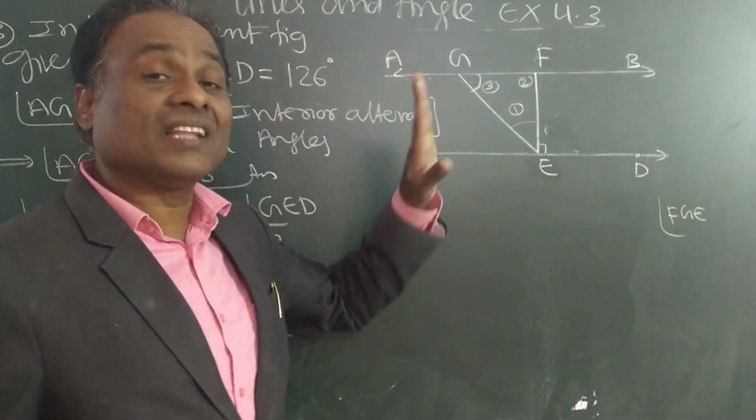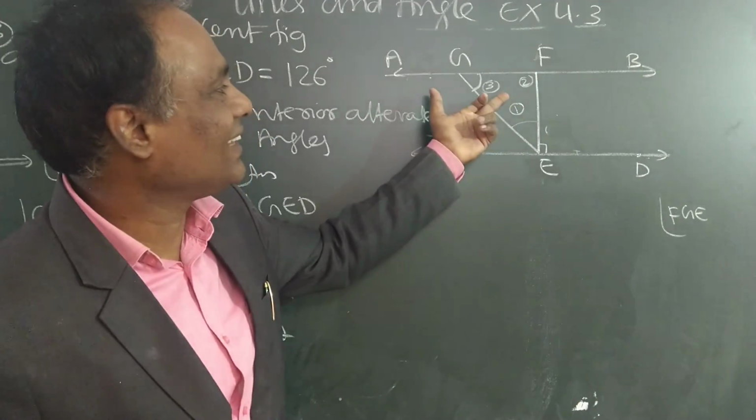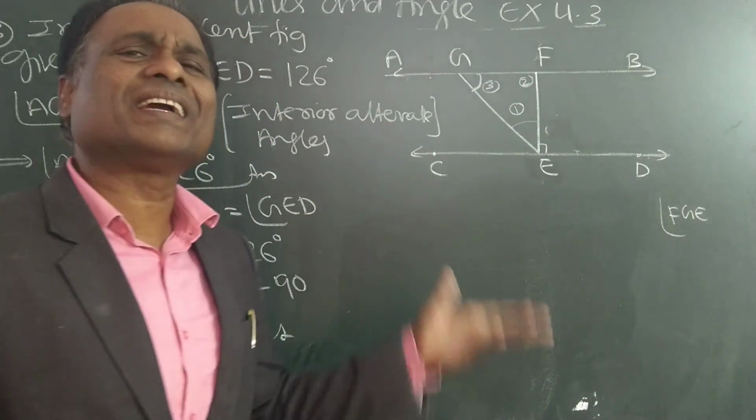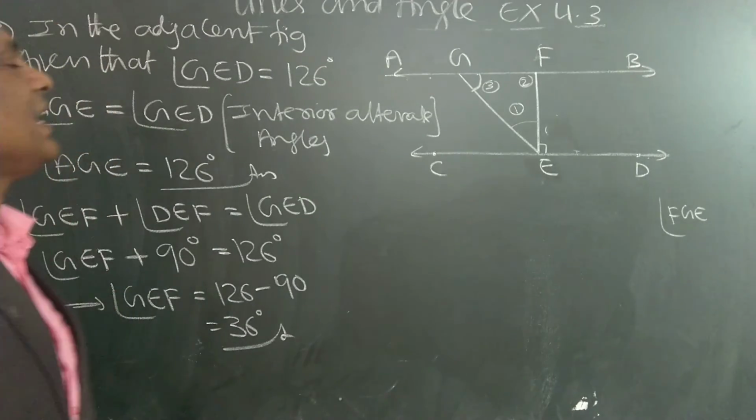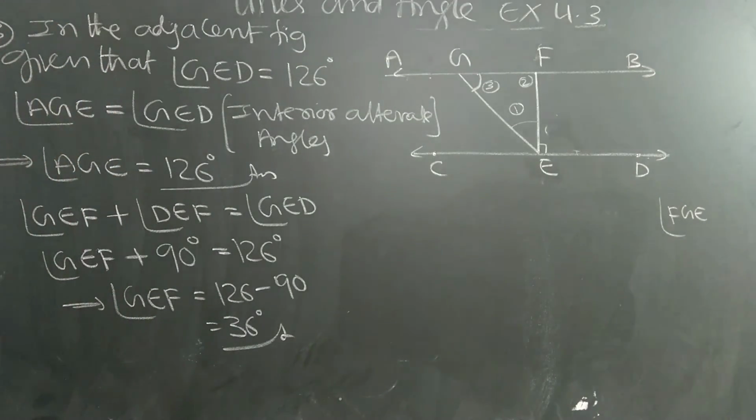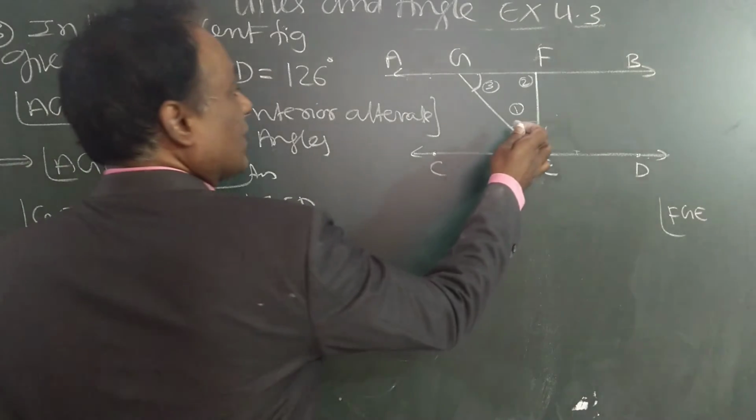This is a triangle. The sum of 3 angles in a triangle is 180 degrees.